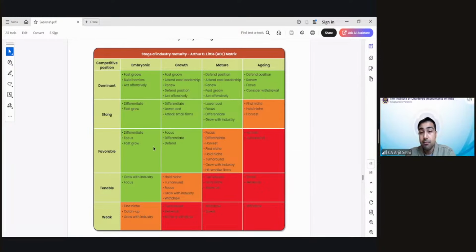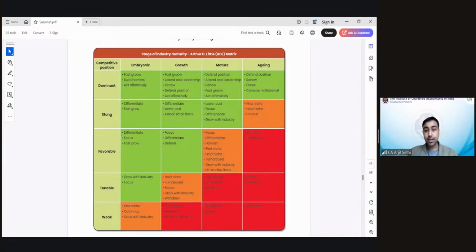What is my position today as a dosa chef? I'm still favorable. People like me. It's a new cafe; it will take its time. People like my dosa, people like me. I've made some relations. People come every day. My competitive position is favorable, and the industry is growing.